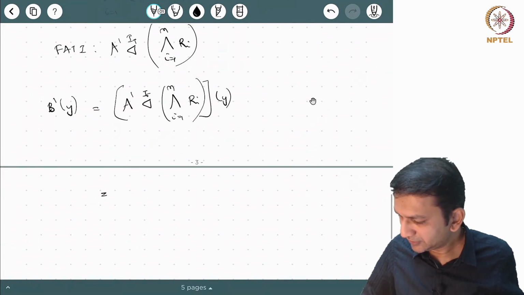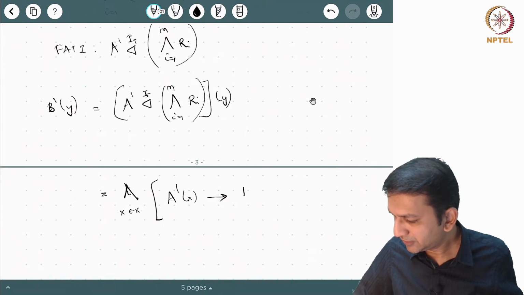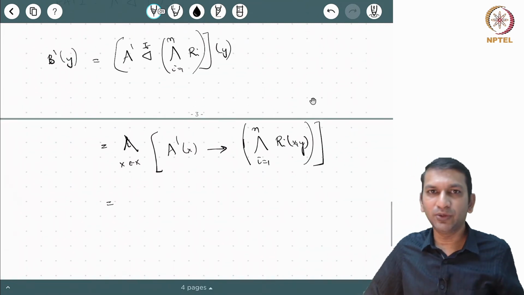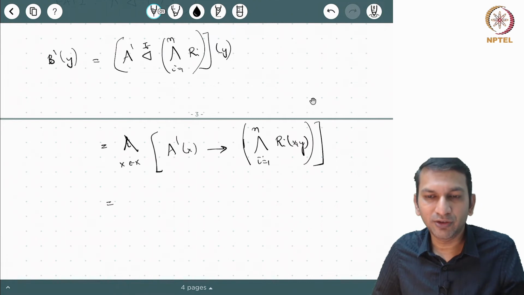Write this here: this is the inf over x element of X, A dash of x implies Ri of x,y. Now, implication, as we know, is increasing in the second variable, and this is a conjunction of the rules.